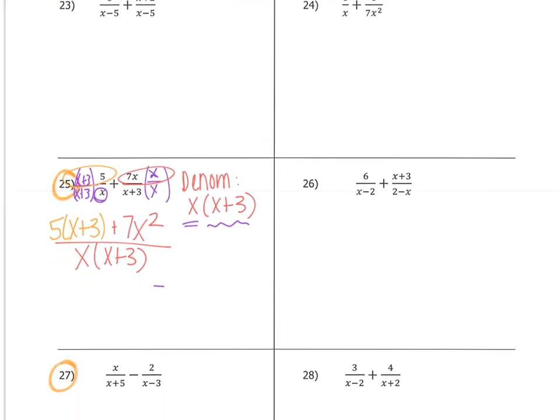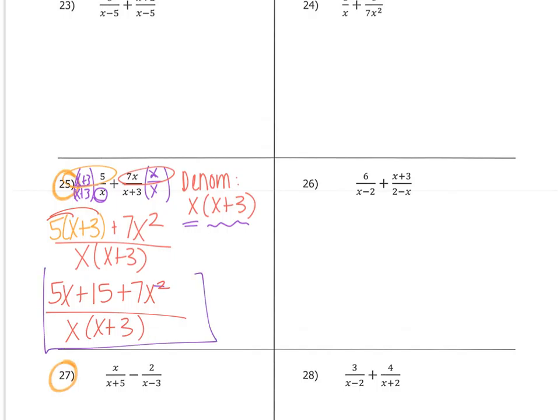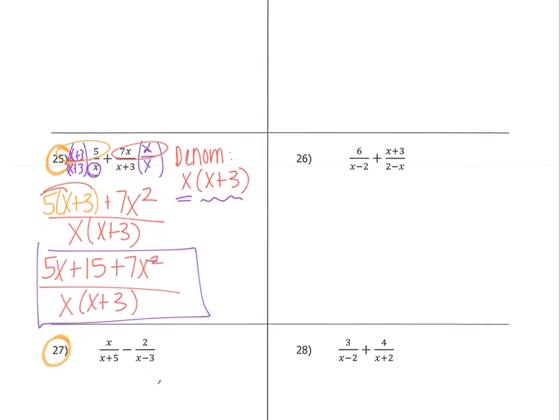From here we distribute. So we have 5x plus 15 plus 7x squared over x times x plus 3. If there's like terms to combine, then you combine them. If not, you leave it. This one has no like terms, so we're done.